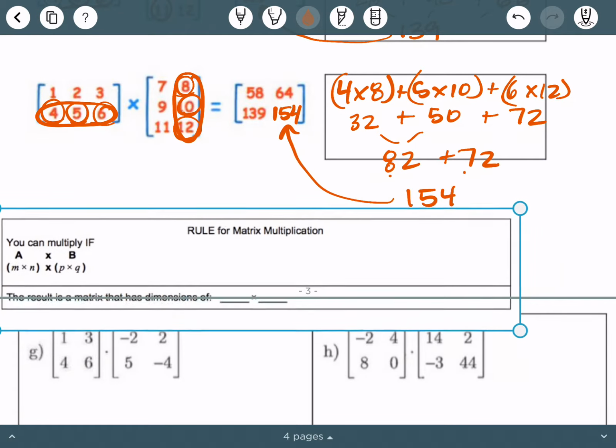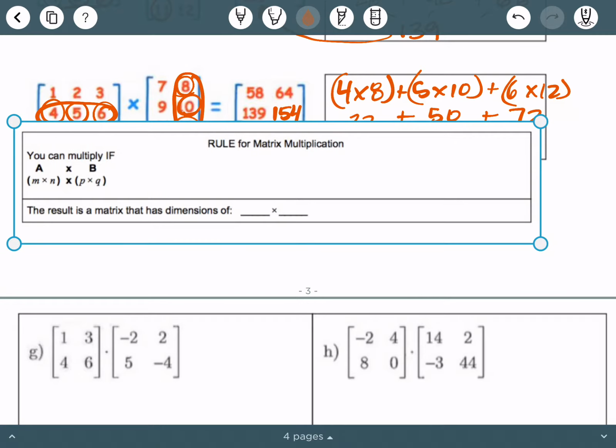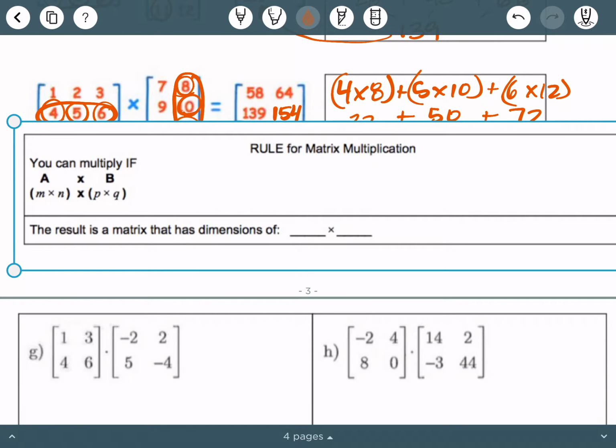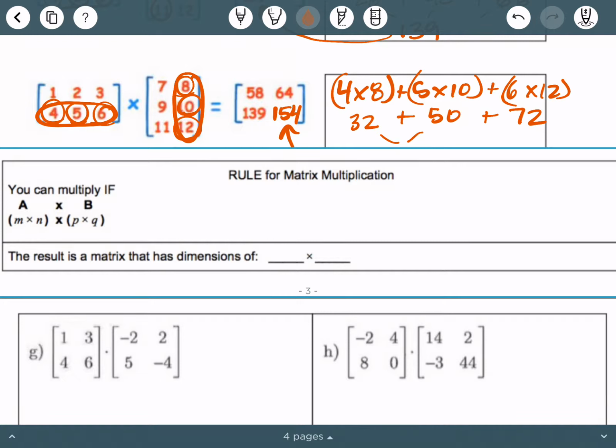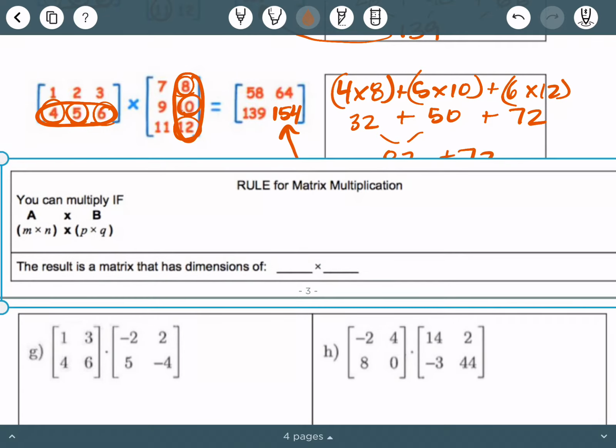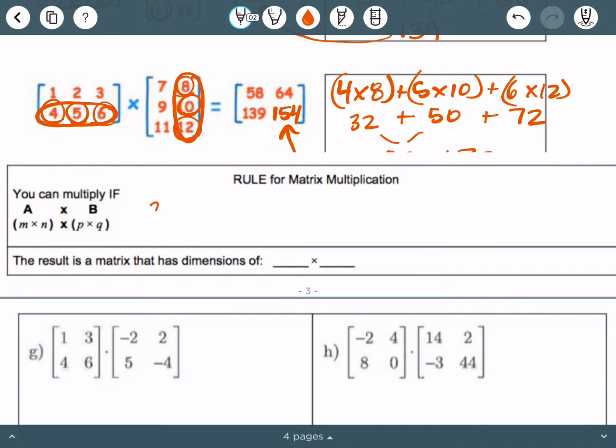Okay, so our rule for matrix multiplication is that you can multiply if and only if when you're doing A times B. So in this case, we had a 2 by 3, right? And then we are trying to multiply it times a 3 by 2, right?